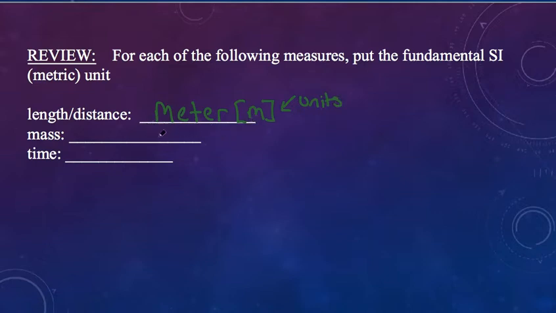So M stands for meter, in brackets. Mass: the base unit for mass is the kilogram. This is the only base unit that actually has the metric prefix kilo, standing for 1,000. Its symbol is kg. And then for time, we have the second, and its symbol is the letter S. Okay, so nothing new there.